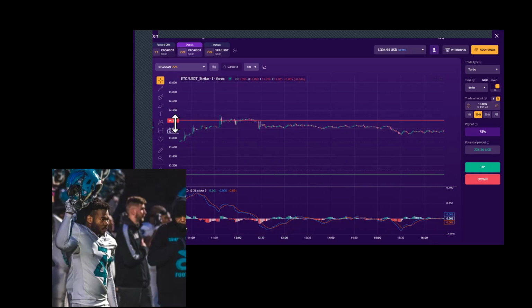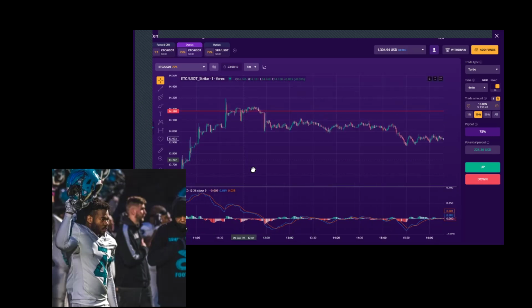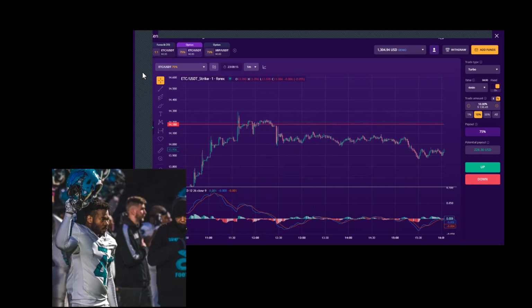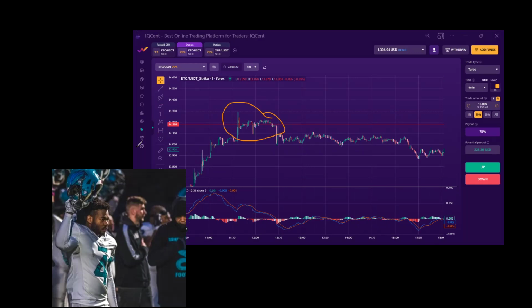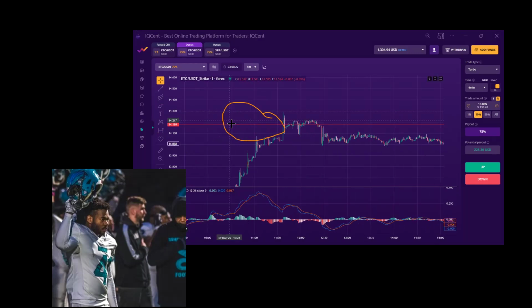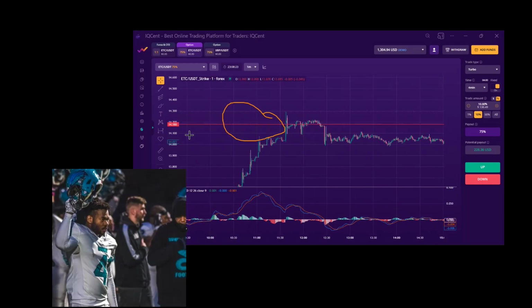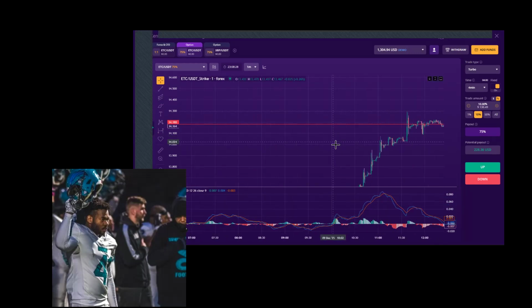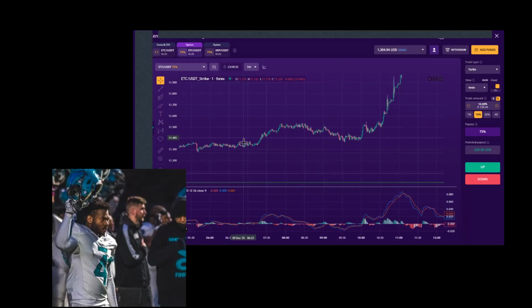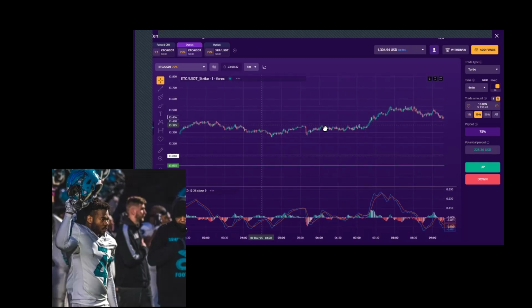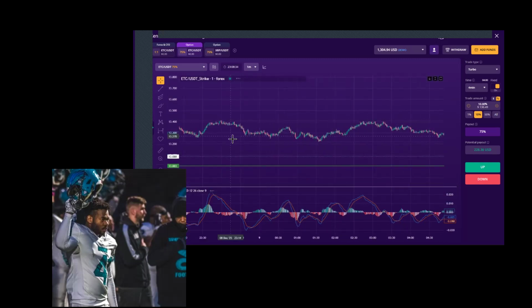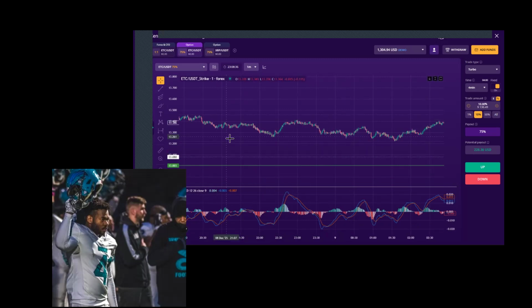All of that up there. All of this was a chance to get into. And then price comes back down and it's still floating above this green line.